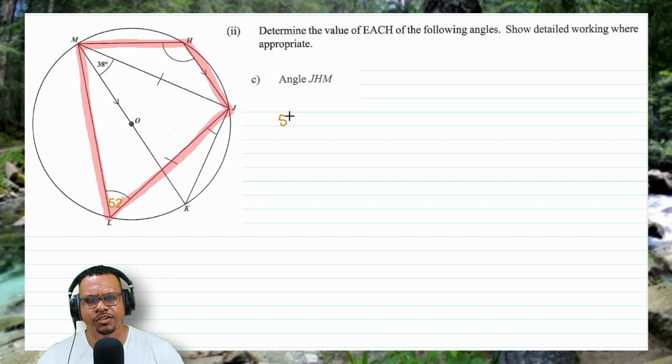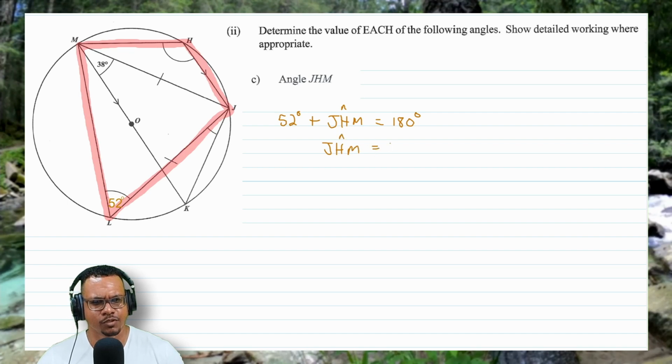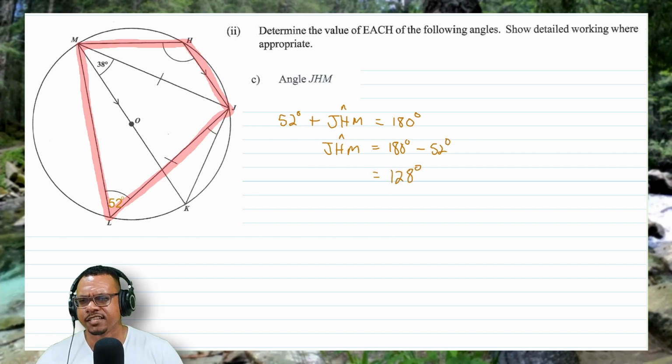So I'll have 52 degrees plus angle GHM will be equal to 180 degrees. So angle GHM is equal to 180 degrees take away 52 degrees, which is 128 degrees. All right, and as I said, the reason would be the opposite angles of a cyclic quadrilateral are supplementary.